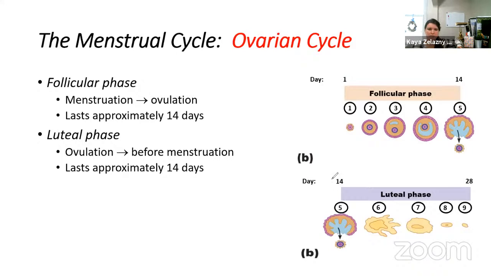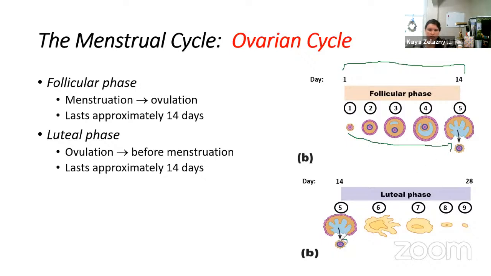And that's because roughly halfway through, we have ovulation, where our oocyte is released from the ovary. So before we get there, we call it the follicular phase. The follicular phase is going to be characterized by development of our primordial follicles, getting bigger and bigger, developing this oocyte, developing new structures.